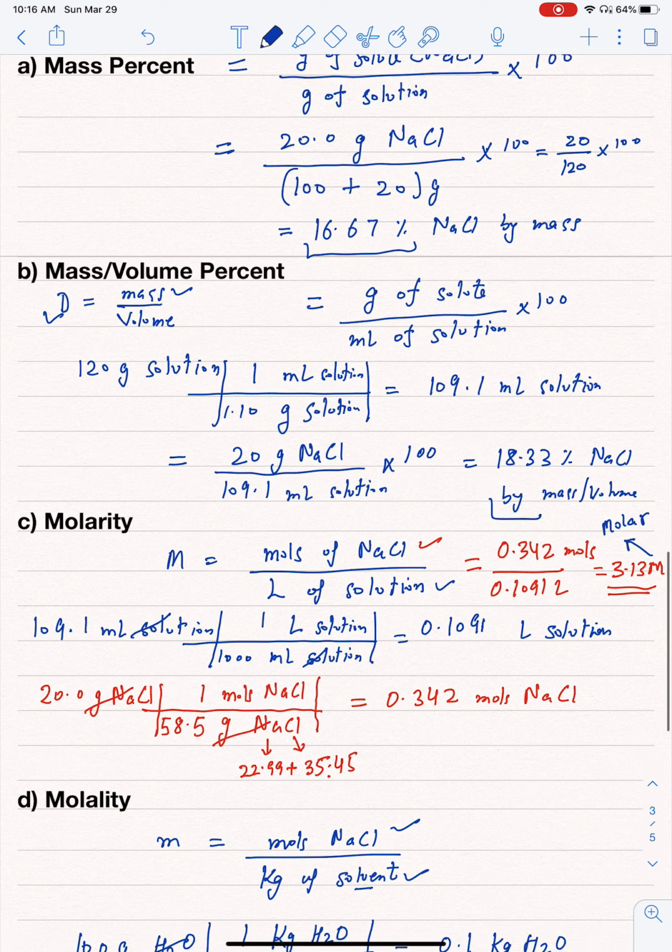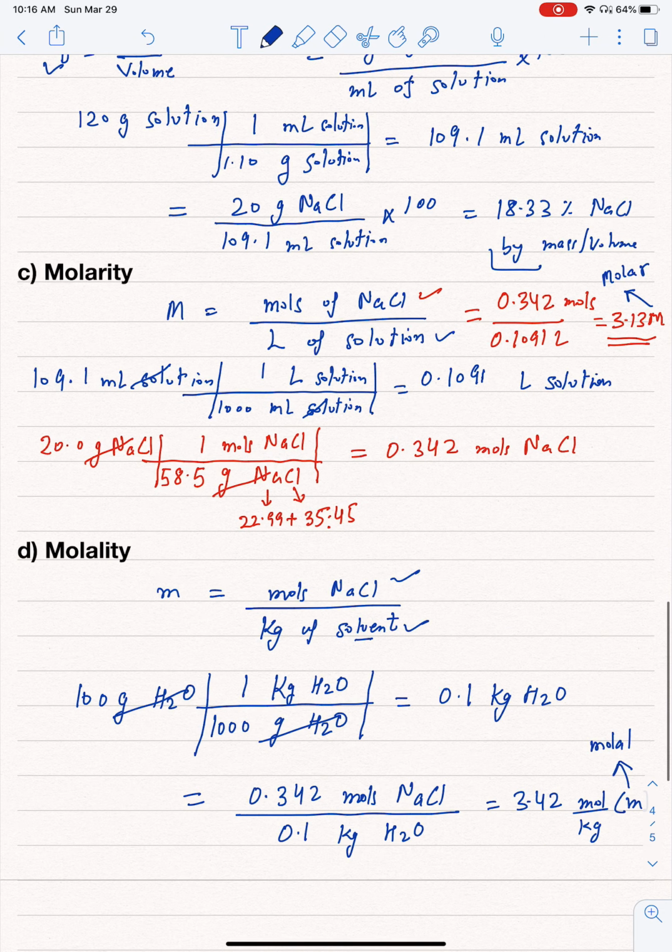The molarity and your molality would also be the same if the density of the resulting solution was 1. Or another way of saying, if the solution is dilute enough, that's when your molarity and the molality are the same. If the solution is not dilute, the molarity and the molality are going to be close to one another, but not going to be the same.